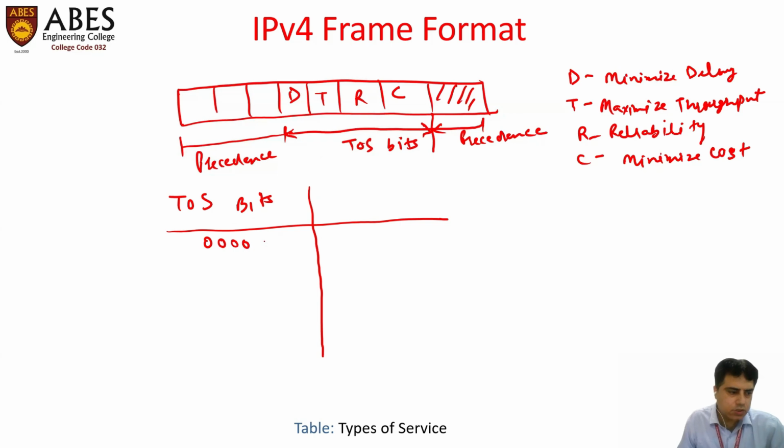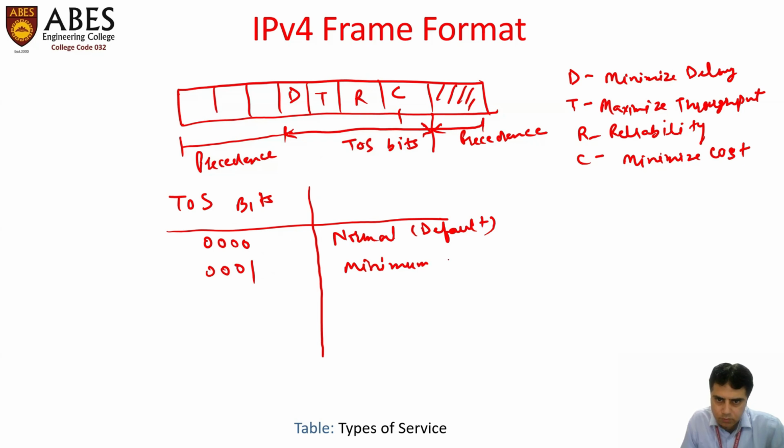For this 4-bit field, 0000 stands for normal, that is default. 0001, if this bit field is 1, then it will represent the minimum cost. Now 0010 stands for maximize reliability.